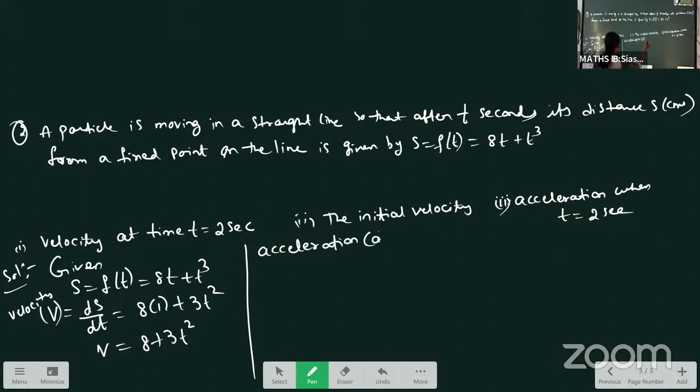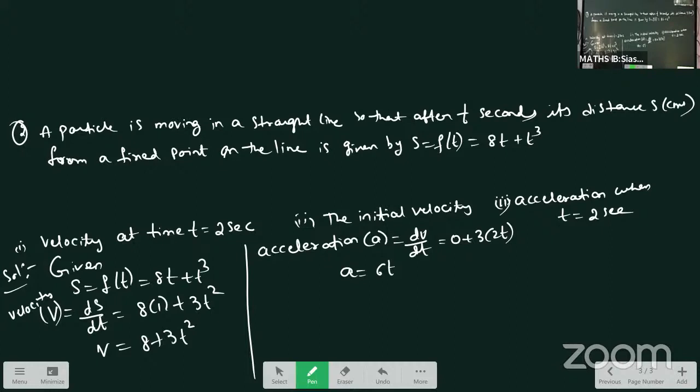Small a is equal to dv by dt. So derivative of v, 0 plus 3 into t square derivative is 2t. So a is equal to 6t. Here velocity is 8 plus 3t square and acceleration we got as 6t.